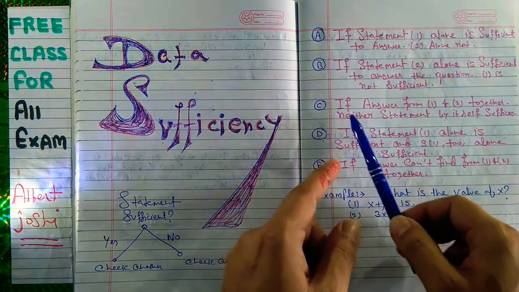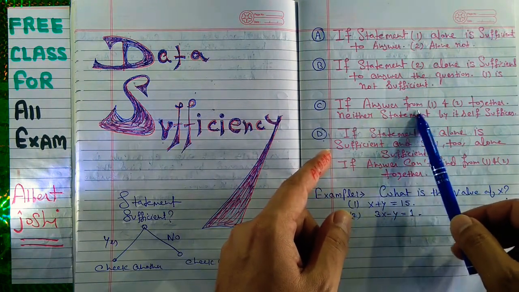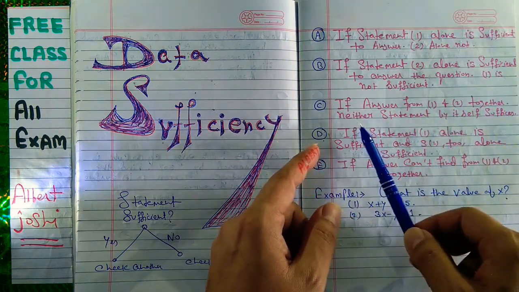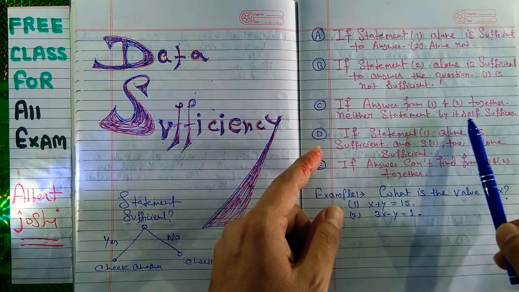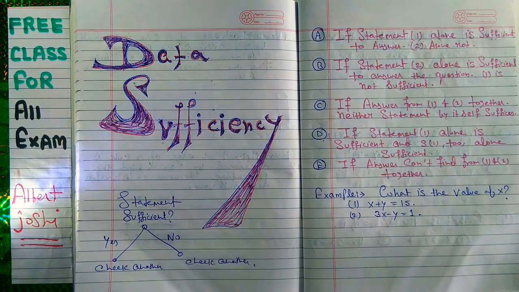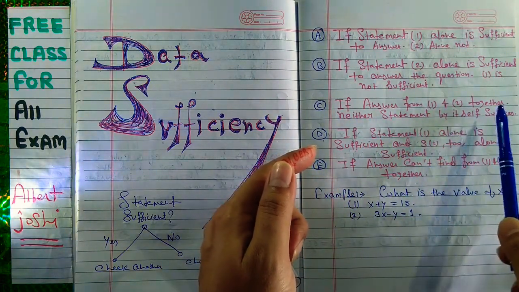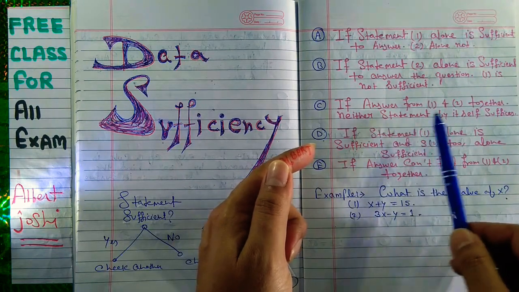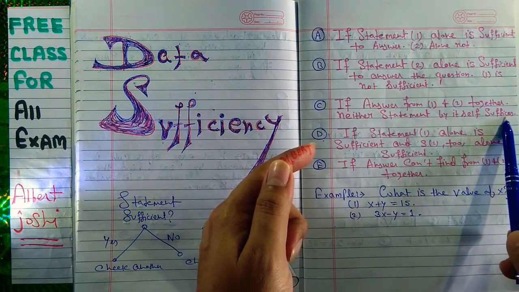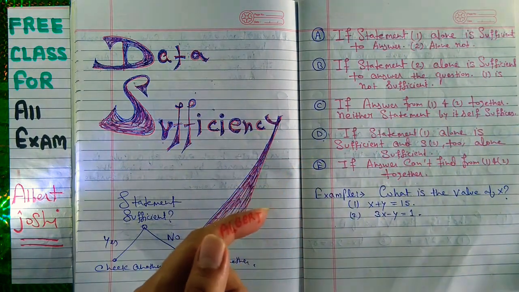Now the third option: if the answer is from first and second together, neither statement by itself sufficient. What is the meaning of this?